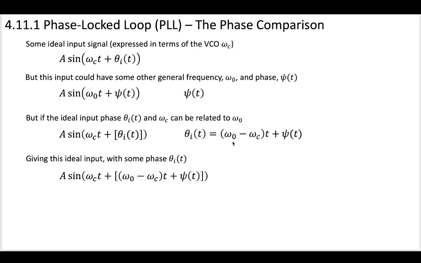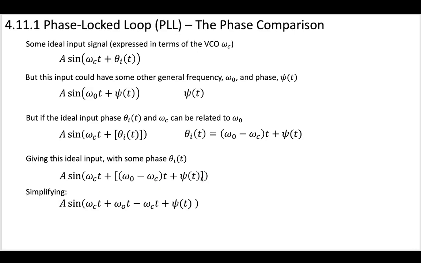Given this ideal input and some phase that we don't know, we could express this received signal in terms of the carrier frequency, and then the phase could be expressed in terms of the difference between the received frequency and the VCO frequency, and then some other amount of phase.